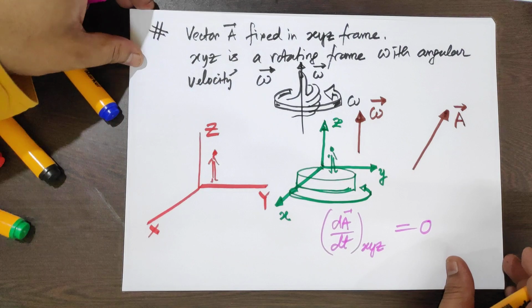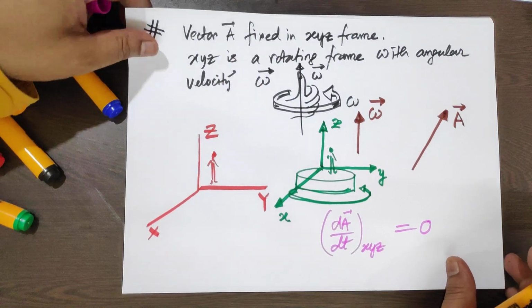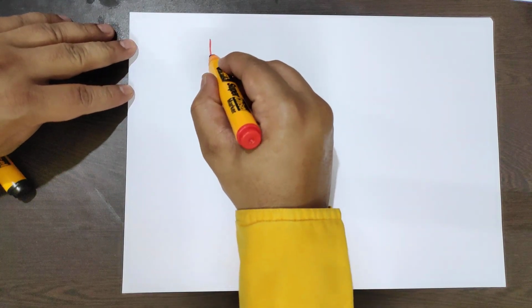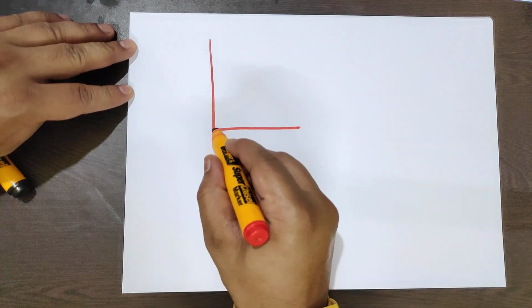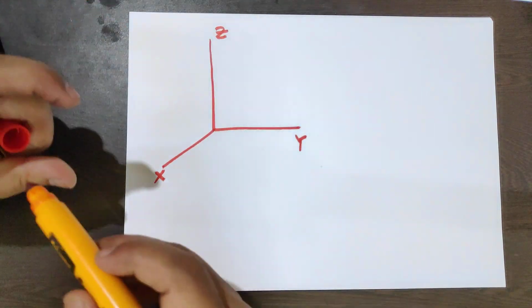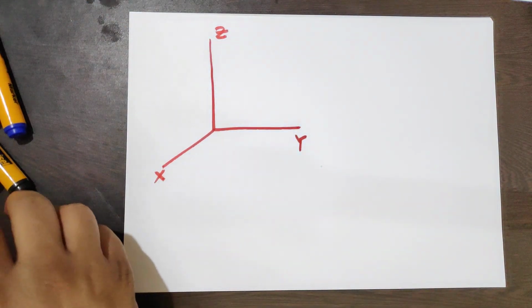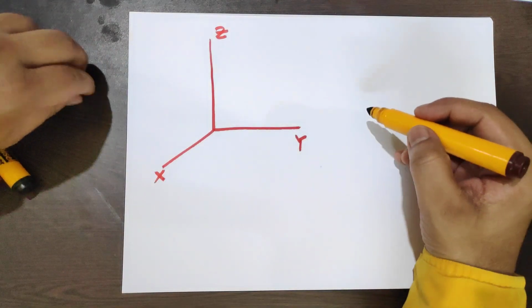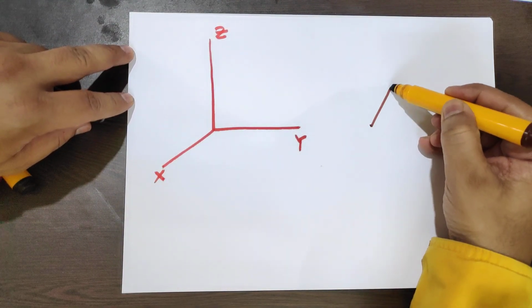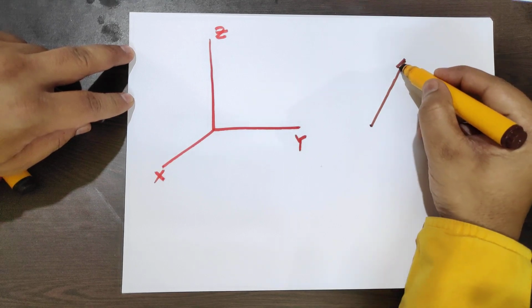Now we will differentiate this vector with respect to the capital X, Y, Z frame, and see how it varies. There it is, x, y and z, and that's the vector A at a certain moment.